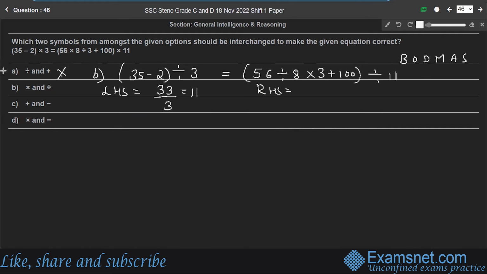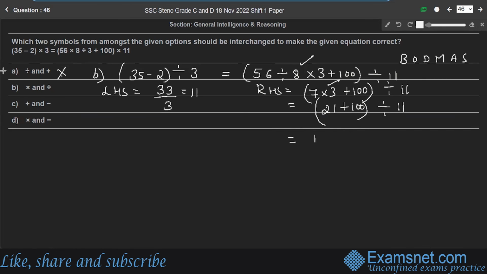remove the bracket part according to Bodmas rule. So 56 by 8, so it is 7 into 3 plus 100 by 11. So to remove the bracket, we have to go for multiplication now. 7 into 3, 21 plus 100 by 11.